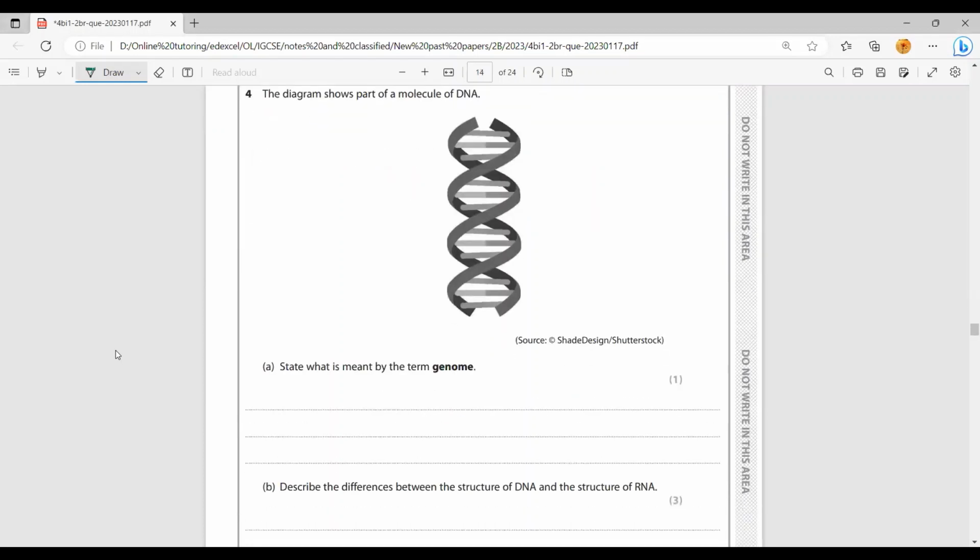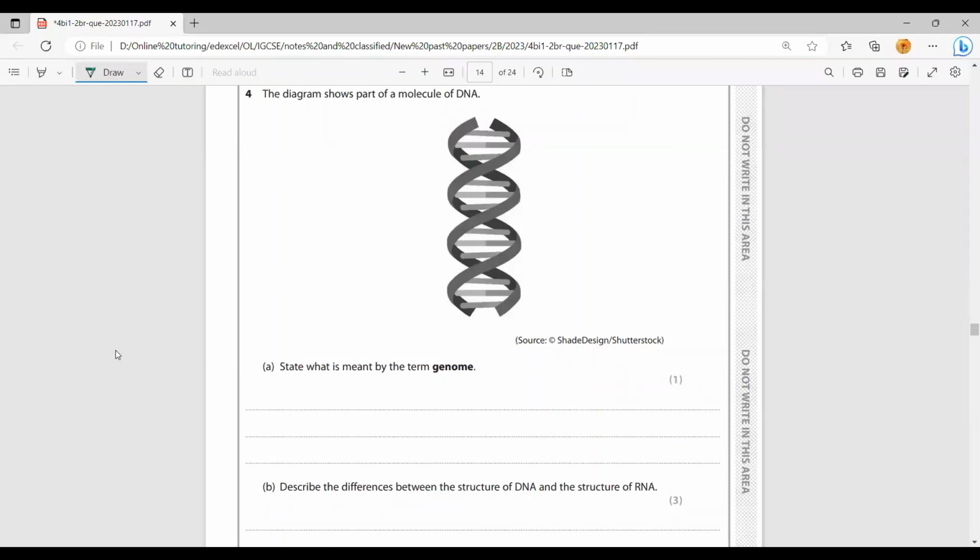The diagram shows a part of a molecule of DNA. State what is meant by the term genome. What's a genome? It's the genetic sequence that makes up the DNA. No. Or the whole DNA in general.